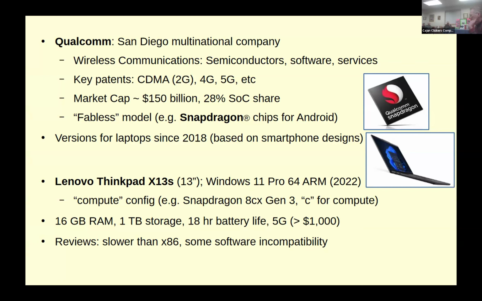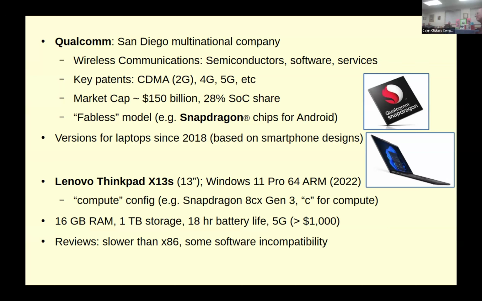And you go get one with 16 gigabytes of RAM, a terabyte of storage, 18 hours of battery life, 5G, and $1,000, kind of your premium type, not super, but your premium type business laptop. Well, for $1,000, you can get a regular one that's a whole lot better, people say. It's not bad, but it's not great. So why do I spend $1,000 on something that ain't great?